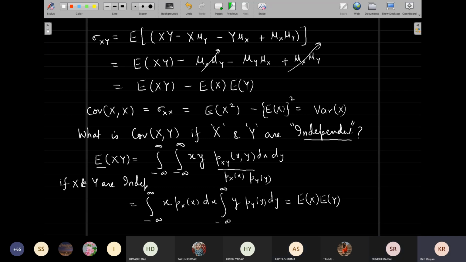So your expectation value of x times y becomes the same as EX EY. What happens to the sigma xy in that case? 0. Sigma xy is 0, and what we call that the two random variables are uncorrelated. So let me just summarize what I said.